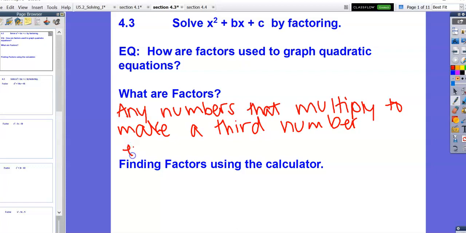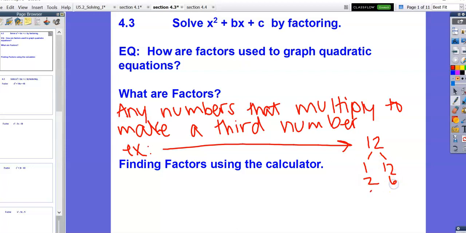So for example, if you had the number 12, you can do this off to the side. You could list out just any two numbers that multiply to make 12: 1 and 12, 2 and 6, 3 and 4.